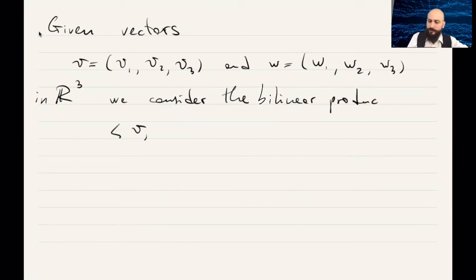So the product between V and W is just V1 W1 plus V2 W2.